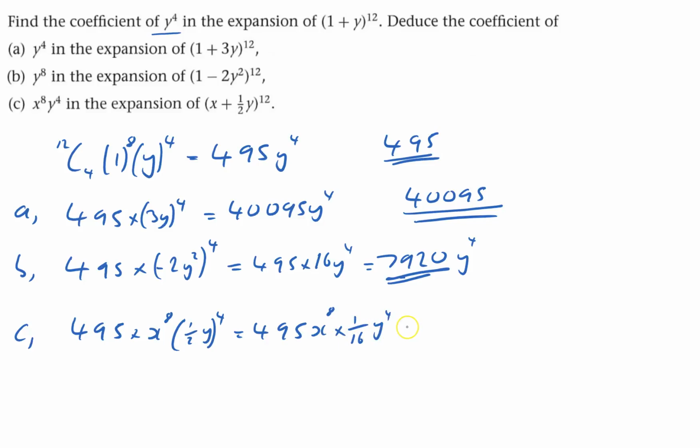So y to the 4, and that equals, well, I just put down 495 over 16 x to the 8, y to the 4, or if you want it as a number, 30.9375. Okay, but the coefficient just needs the number, it doesn't need the y to the 4 or whatever it is to go with it. That's done.